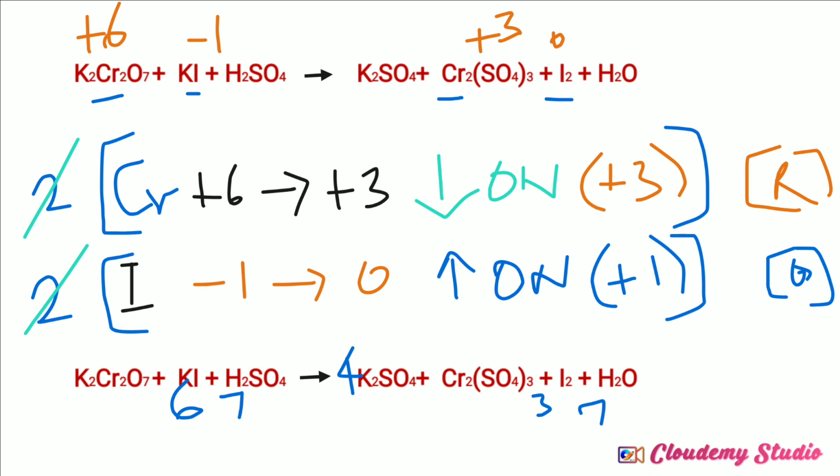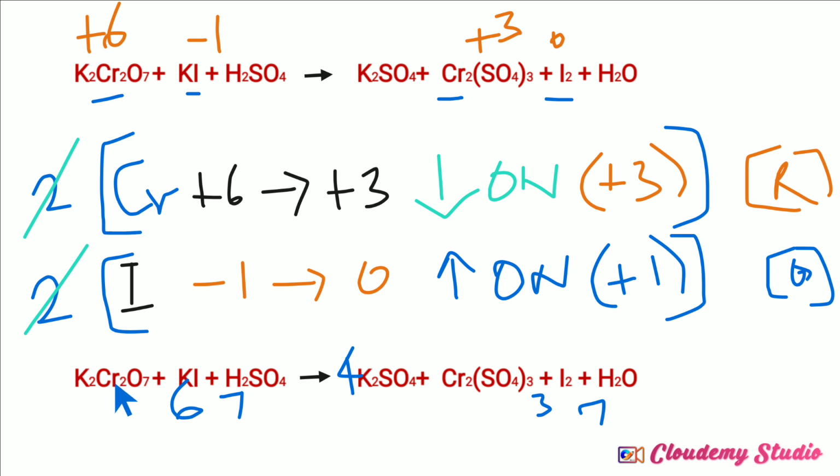Now, when we check all the atoms on the left hand side and the right hand side, the number of atoms will be equal. Potassium, right hand side 4 times 2, 8. Left hand side also 2 plus 6, 8.